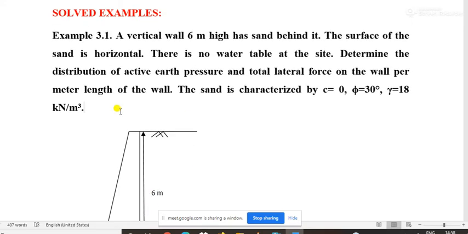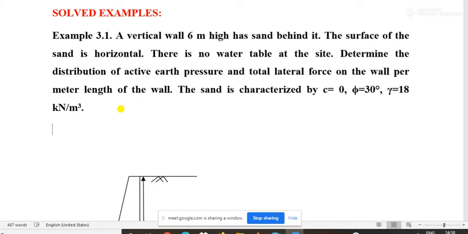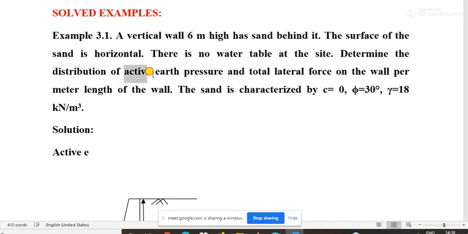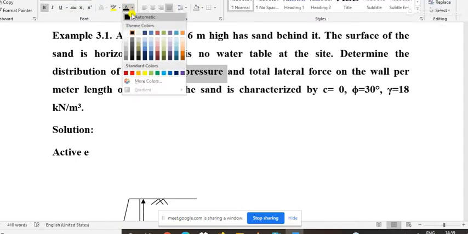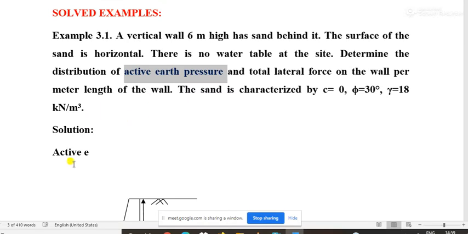Okay. Now coming to the solution. First of all, you may write down the equation for the active earth pressure in your copy, because first you have to determine the active earth pressure.